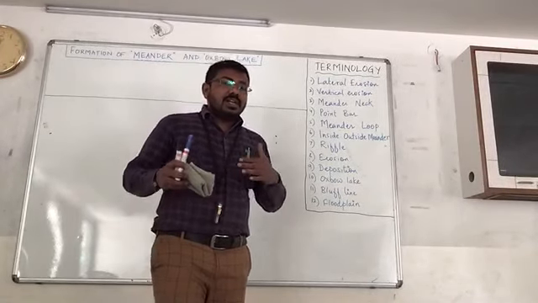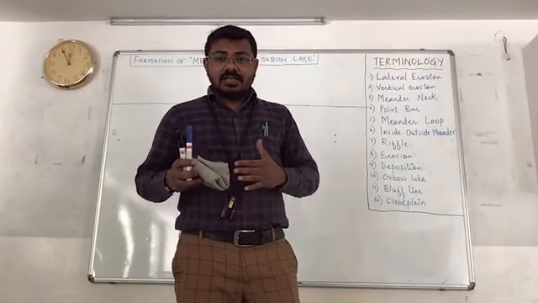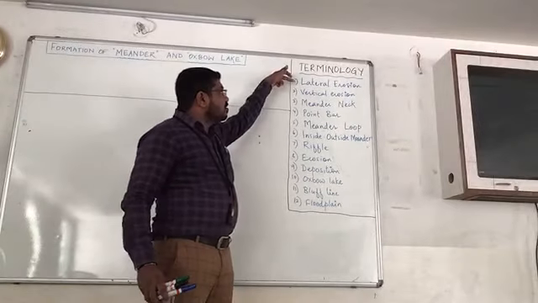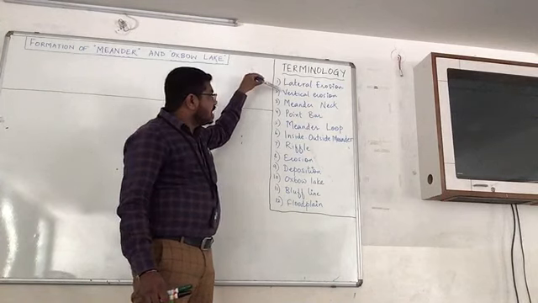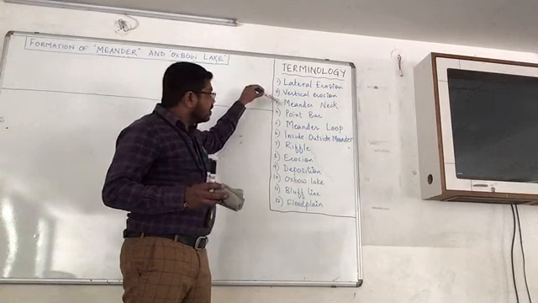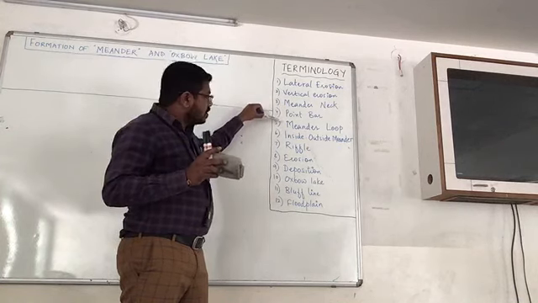So we are quickly running through all the terms which are generally used in the description of meanders and oxbows. It starts with lateral erosion. The first one is lateral erosion. Then we have vertical erosion. Then meander neck. Then point bar. Meander loop.